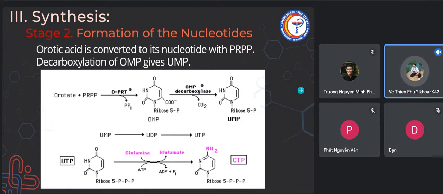OPRT and OMP decarboxylase are also a multifunctional protein. After conversion of UMP to UTP, the amide of glutamine is added at the expense of ATP to yield CTP.